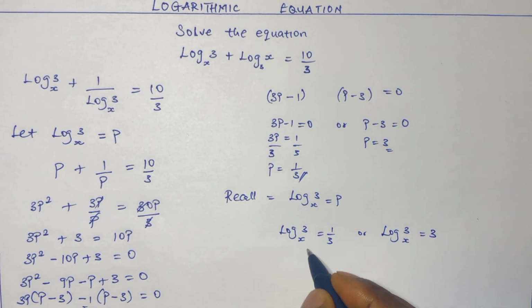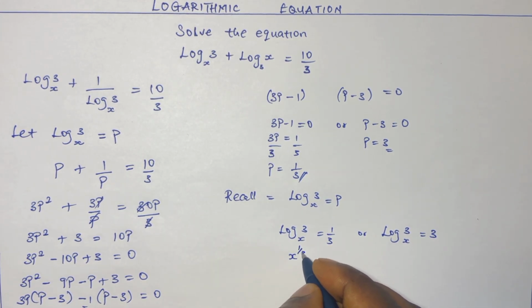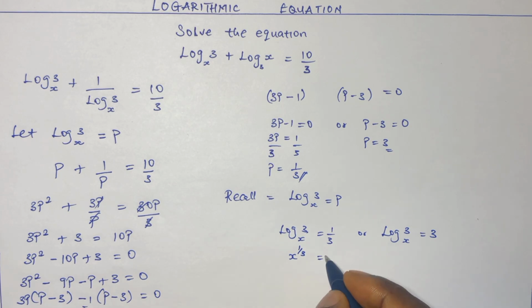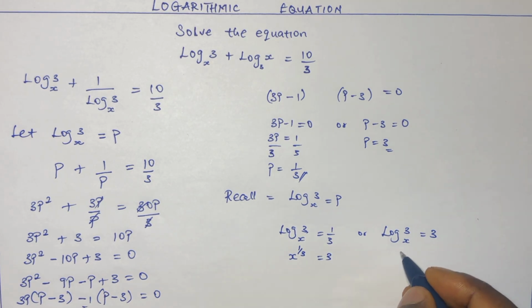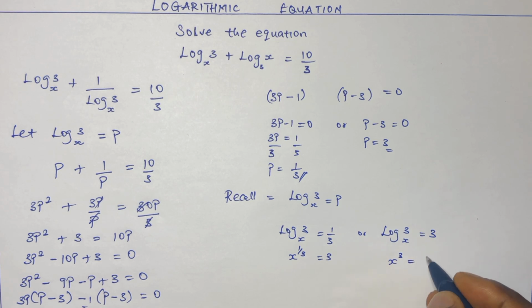Then if we evaluate x from here, this becomes the power of x. So we have x raised to power 1 over 3 will be equal to 3. And then x, this becomes the power, will be equal to 3.